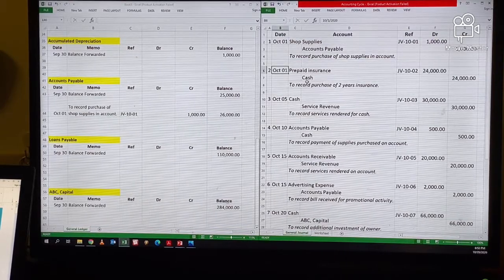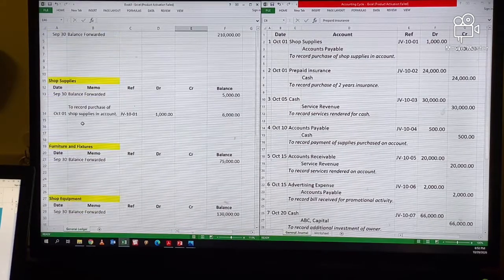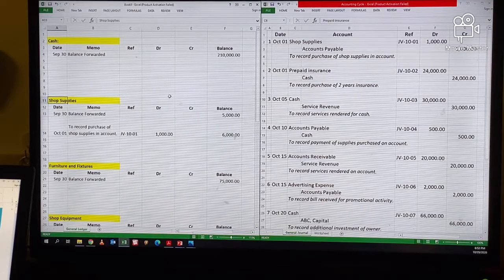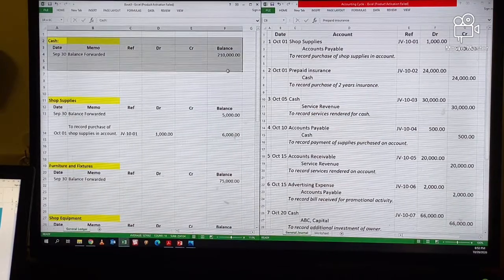Now, entry 2, let's go to prepaid insurance. I haven't created a prepaid insurance ledger yet.